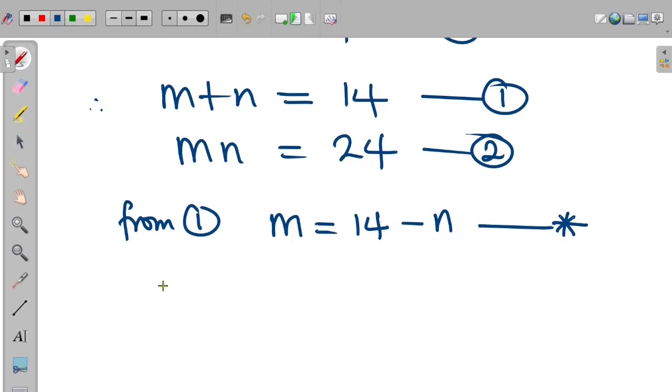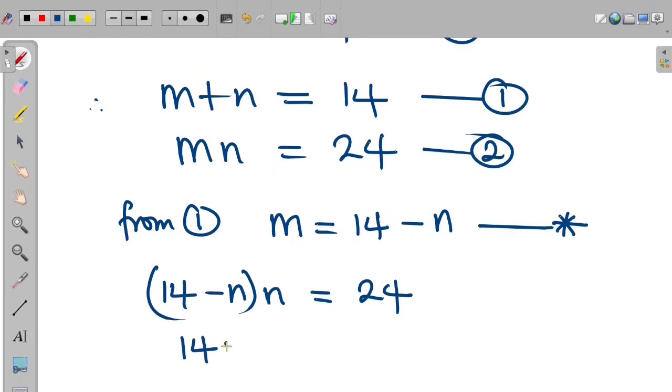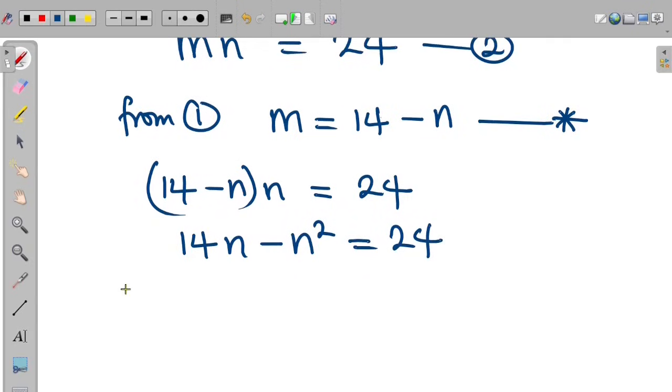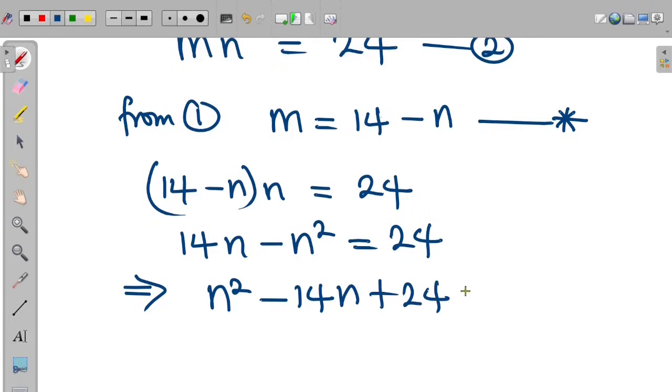So this becomes 14 minus n, all multiplied by n, equal to 24. So 14 times n is 14n, minus n times n is minus n squared, equal to 24. If we rearrange, this becomes n squared minus 14n plus 24 equal to 0.